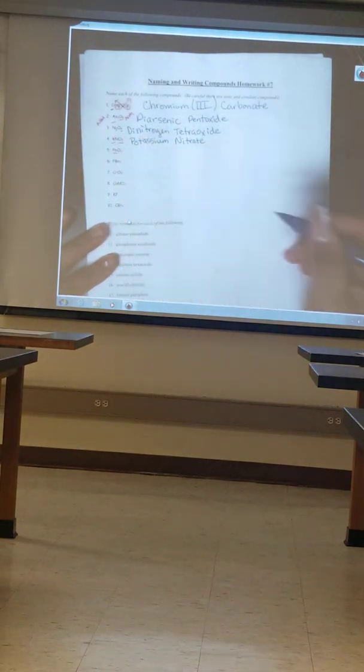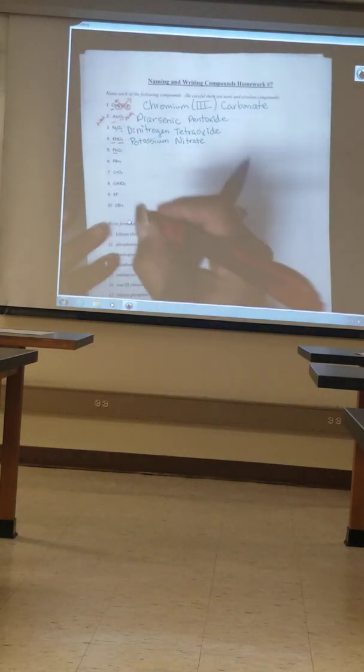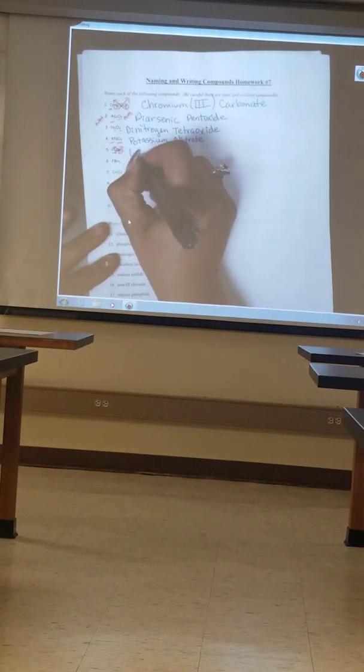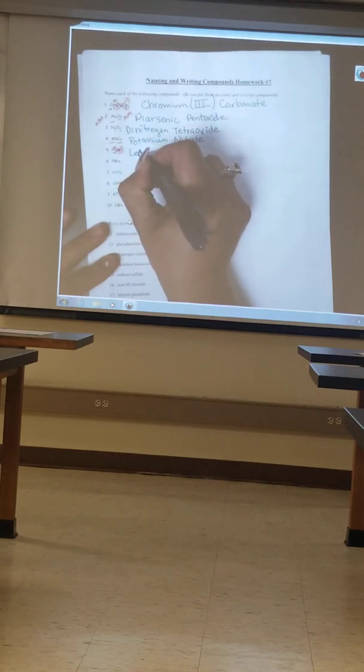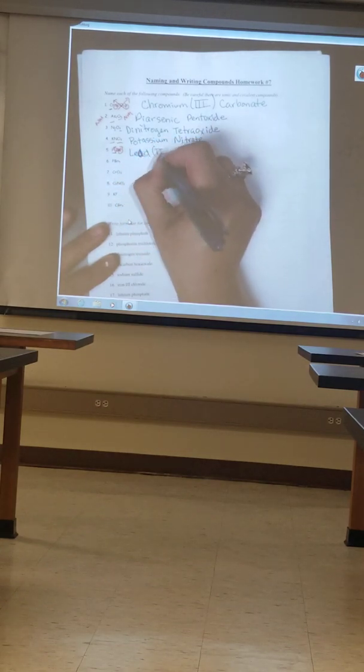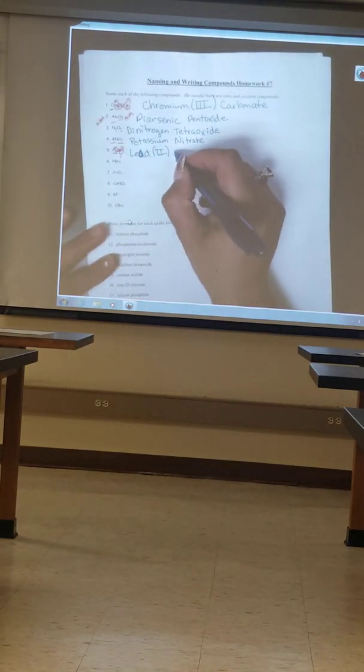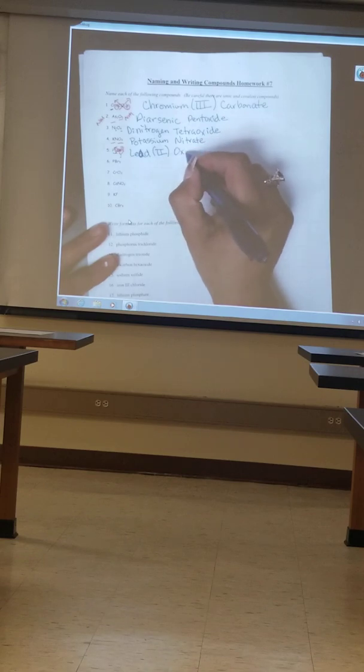Lead, Pb. Lead is a transition metal in the middle of the periodic table. So in this case, I need to use parentheses. I'm gonna crisscross backwards. So I'm gonna say lead, L-E-A-D, parentheses 1, 2. I got that from this little 2 when I crisscrossed it backwards. And then I'm gonna go ahead and say oxide.